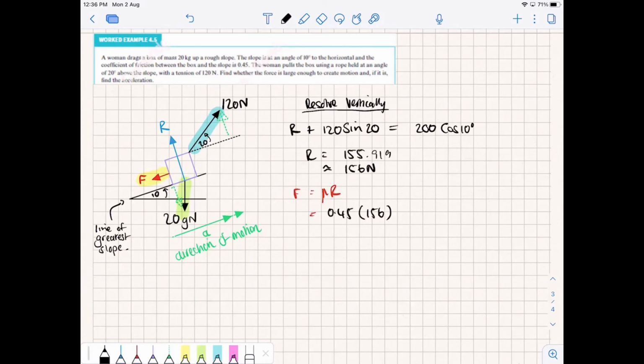Now, obviously, don't use 156. Use the answer in your calculator. I still have the answer in my calculator, so I'm going to immediately multiply by 0.45. And that will give me 70.1636, etc. newtons, okay, which we can approximate to 70.2 newtons, right? But again, keeping the original answer in your calculator.